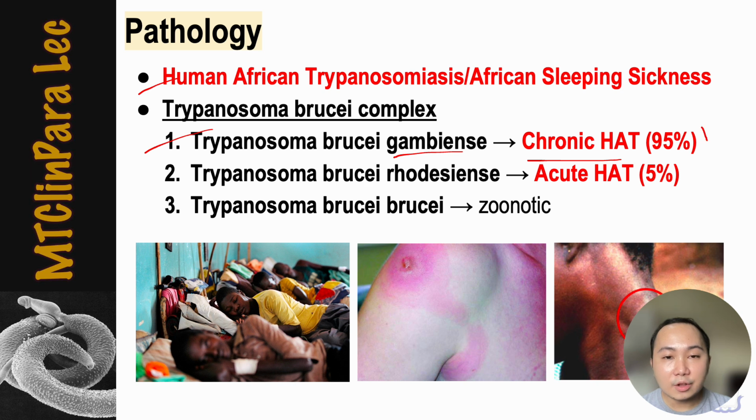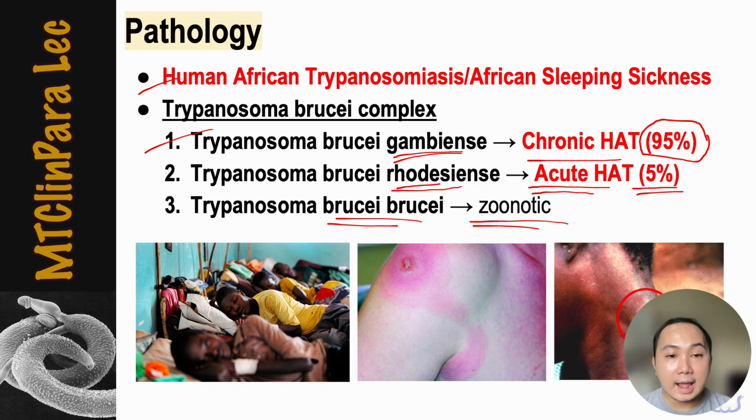So 95% of all the cases is associated with this particular parasite, your gambiense. For rhodesiense, this is the least common, usually constituting only about 5% of all the cases. But this is the acute type, okay, and the deadlier type of trypanosomiasis, especially African sleeping sickness. So for brucei, this is usually associated with zoonotic infection, okay, usually cattle and other ruminants or grass-eating animals.